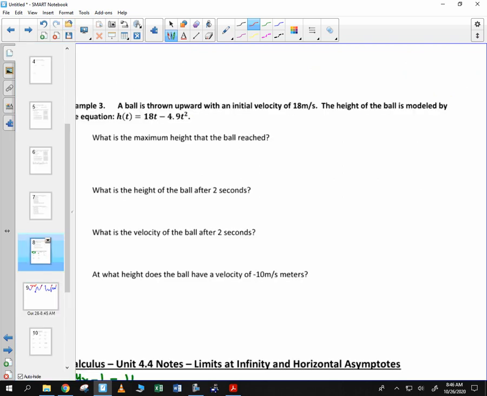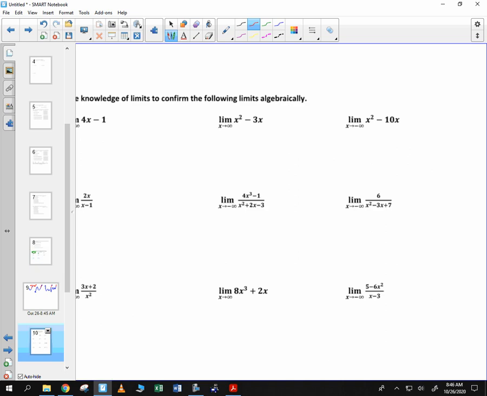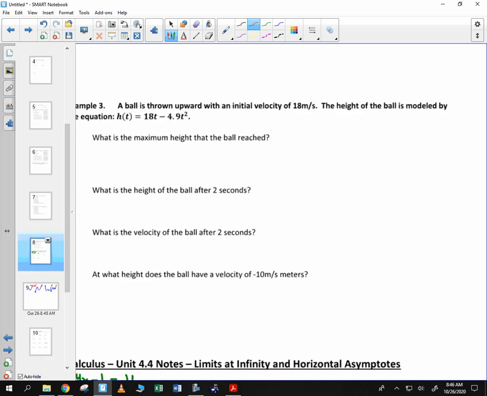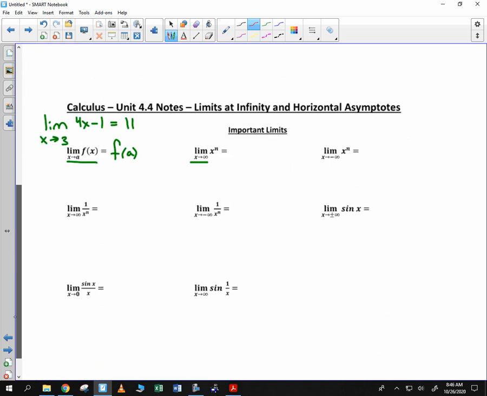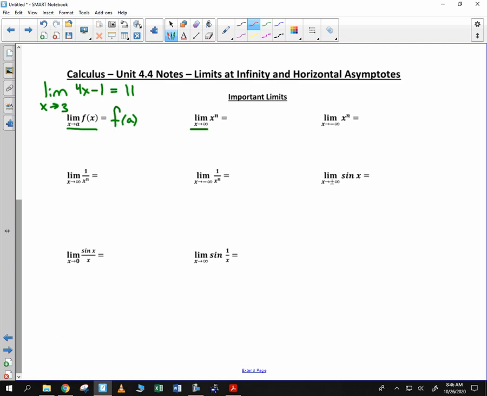So when you consider a limit as x goes to infinity of x to the nth, generally speaking, we're headed towards infinity. But suppose x is headed towards negative infinity.